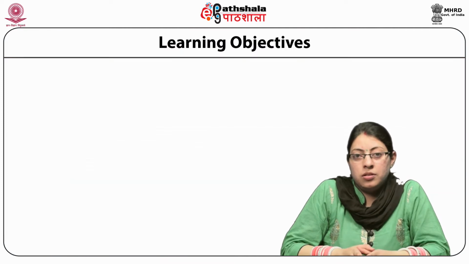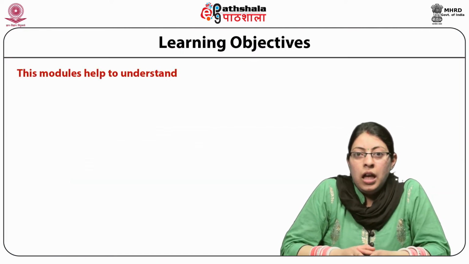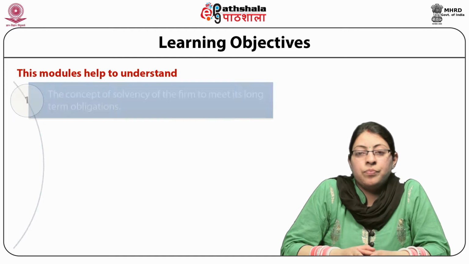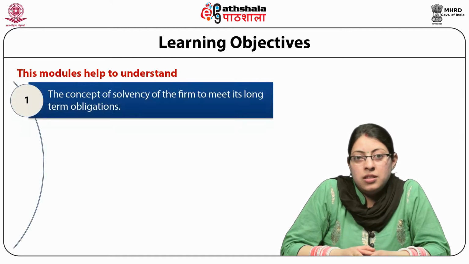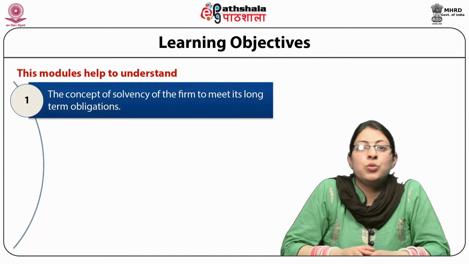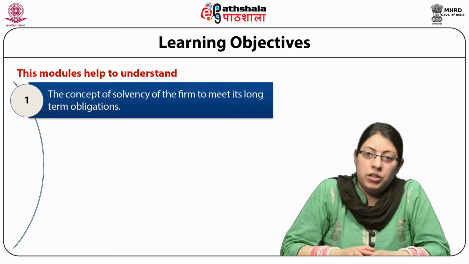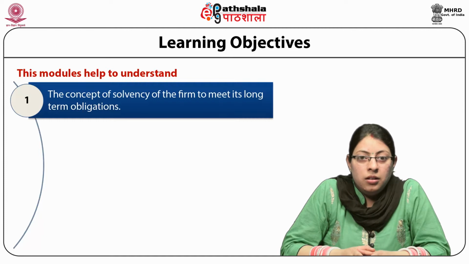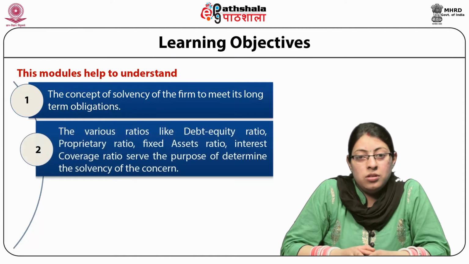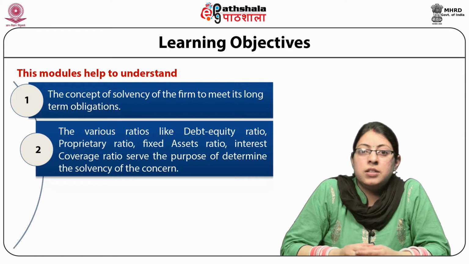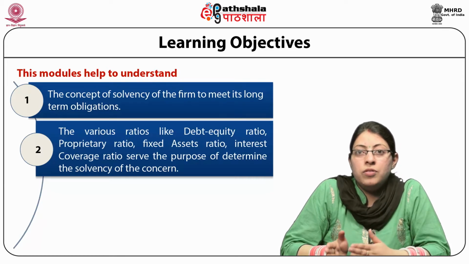Learning objectives. This module helps to understand the concept of solvency of the firm to meet its long-term obligations. Second, the various ratios like debt equity ratio, proprietary ratio, fixed asset ratio, interest coverage ratio serve the purpose of determining the solvency of the concern.